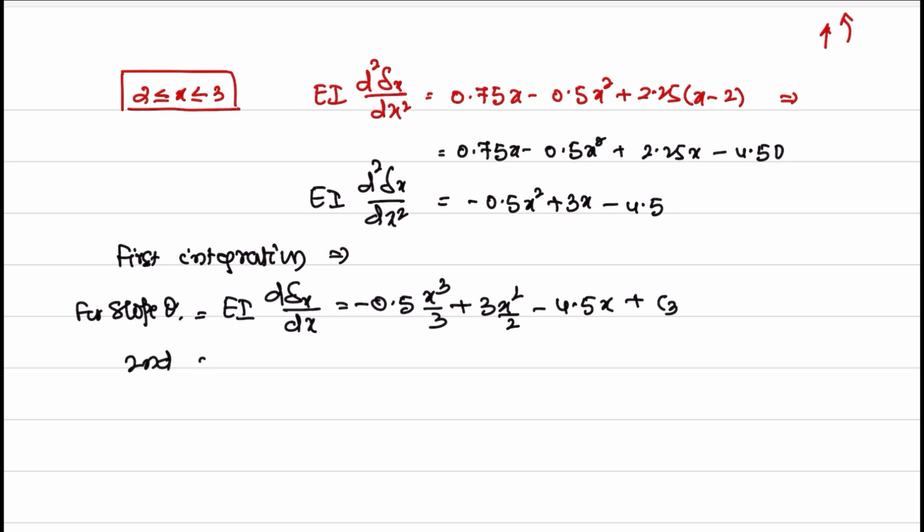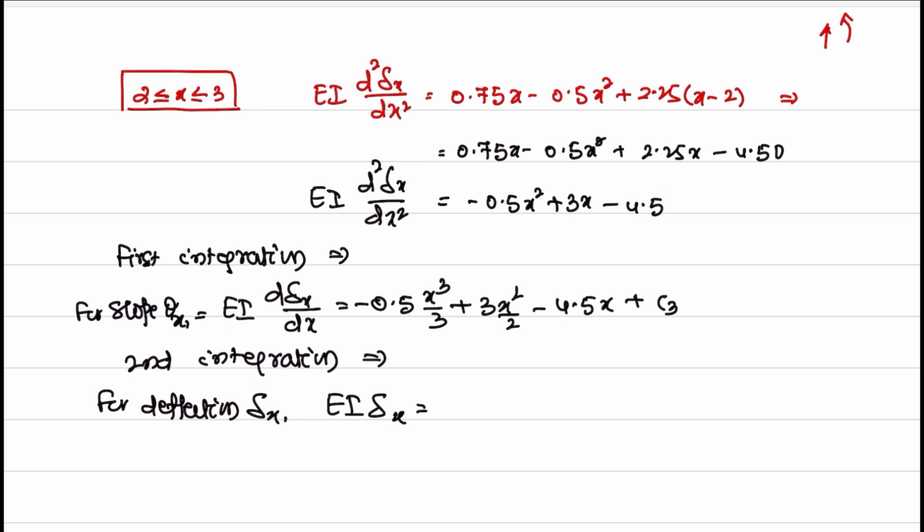Second integration yields for deflection delta x, EI into delta x is equal to minus 0.5 into x to the power of 4 by 12 plus 3 into x cube by 6 minus 4.5 into x square by 2 plus C3x plus C4.